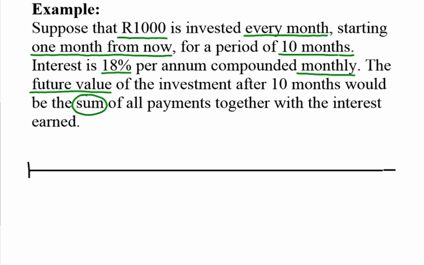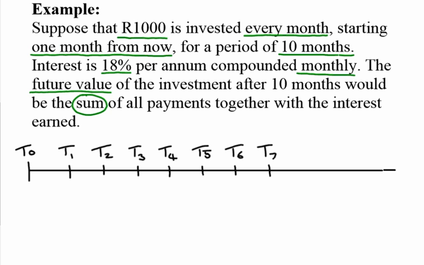So here I've got T0, T1, T2, T3, T4, T5, T6, T7, T8, T9, and T10.